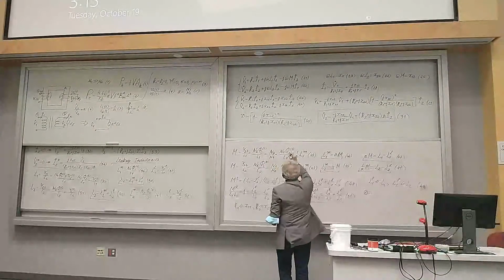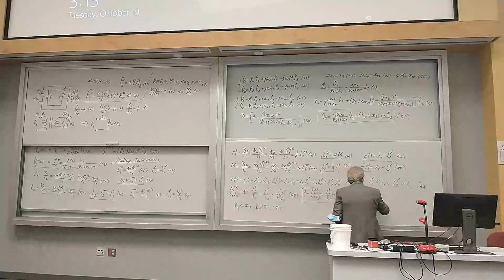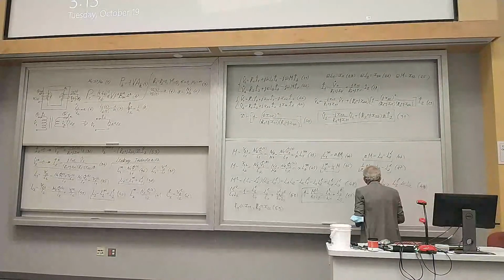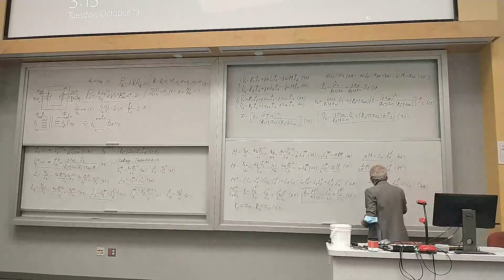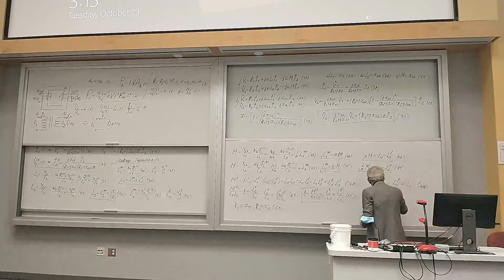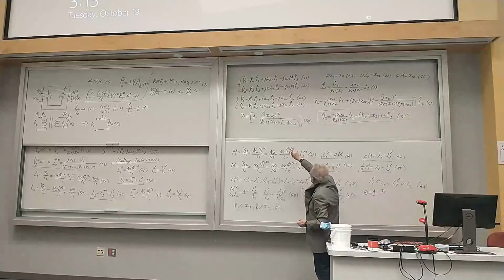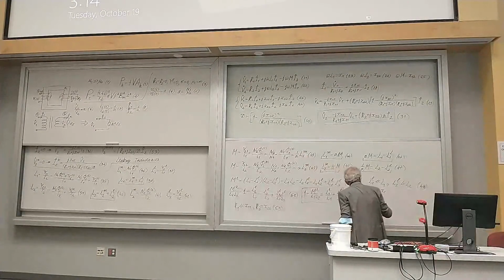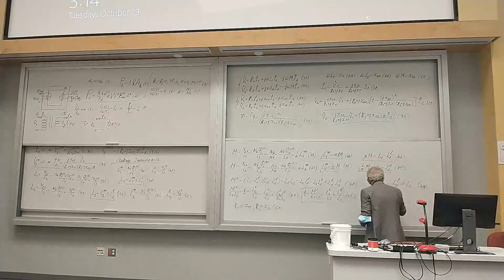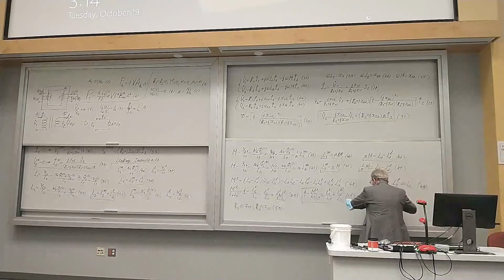So if I neglect them, then I will find that D will be equal to 1 minus x sub 12 squared divided by x sub 11 times x sub 22, since j squared will cancel.